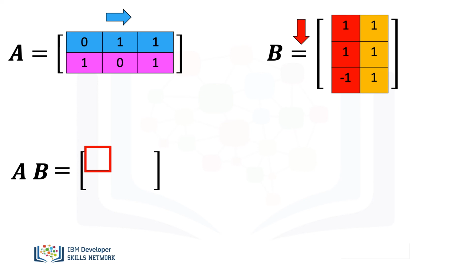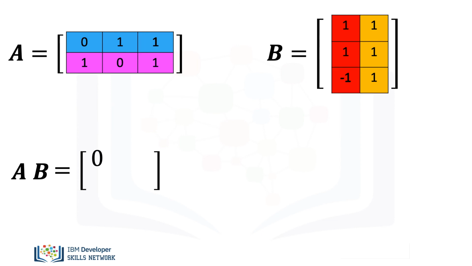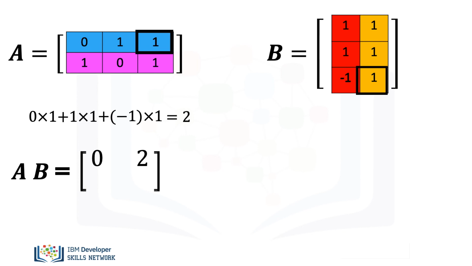To obtain the element in the first row and first column of the new matrix, we take the dot product of the first row of A with the first column of B as follows. The result is 0. For the first row and the second column of the new matrix, we take the dot product of the first row of the matrix A, but this time we use the second column of matrix B. The result is 2.